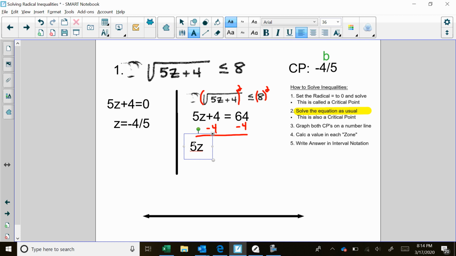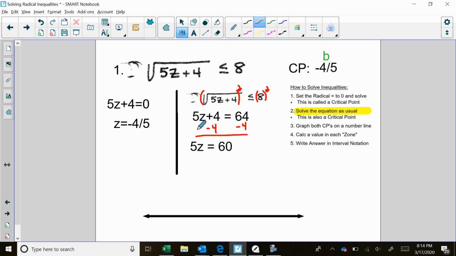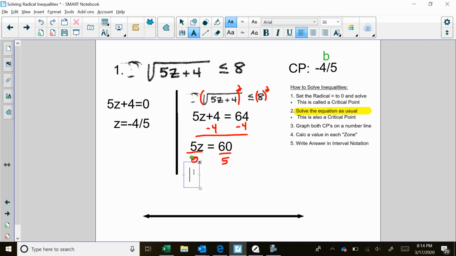Five z is going to equal 60. Keep solving. Divide by 5. And we get z equals 12. So that's our second critical point.